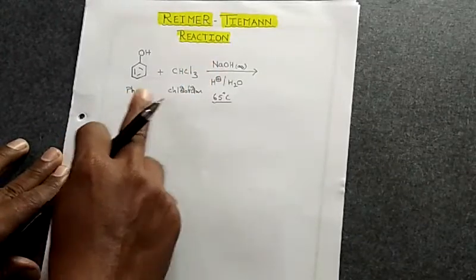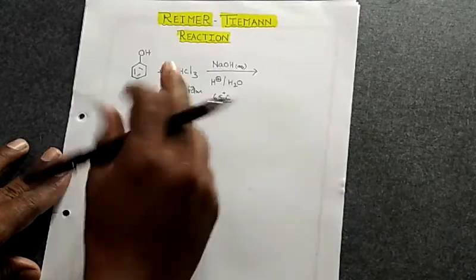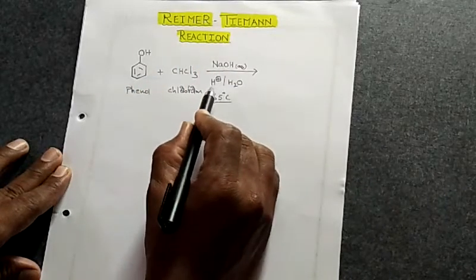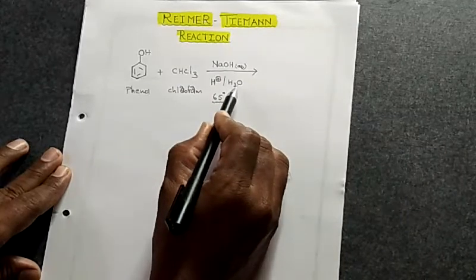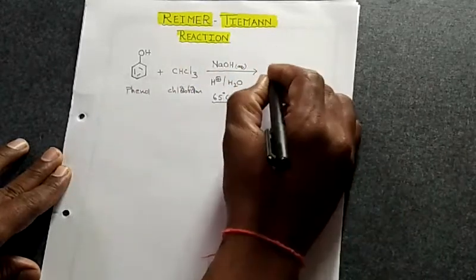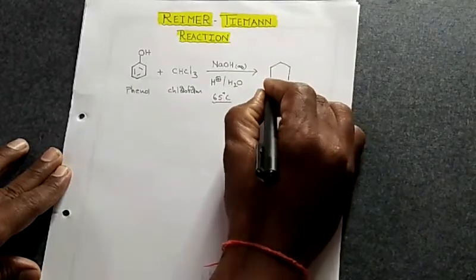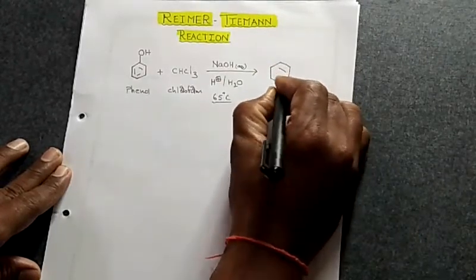When phenol is allowed to react with chloroform in the presence of an aqueous base followed by treatment with dilute acid, then the formed product is orthohydroxybenzaldehyde.